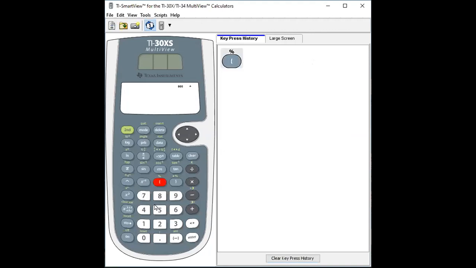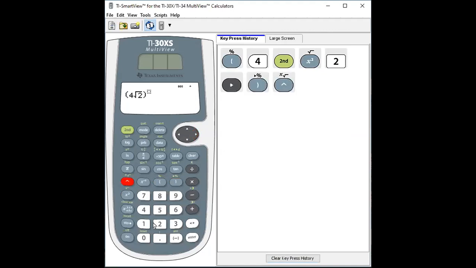So left parenthesis, 4 second root 2, directional pad to the right, close it up and square the whole thing. Plus the same thing again. Whoops-a-daisy, get off the exponent line, hit that delete button and back up.